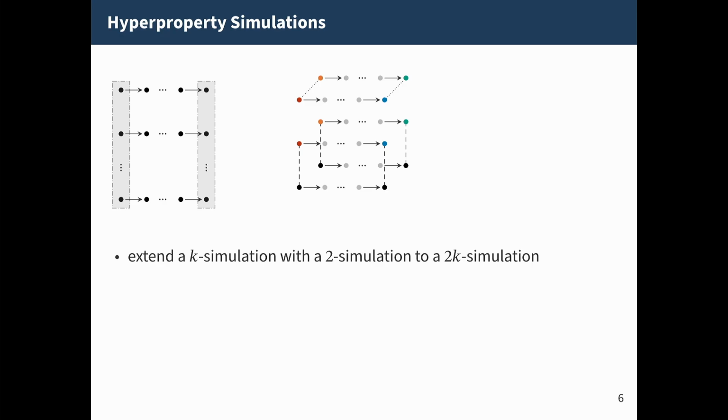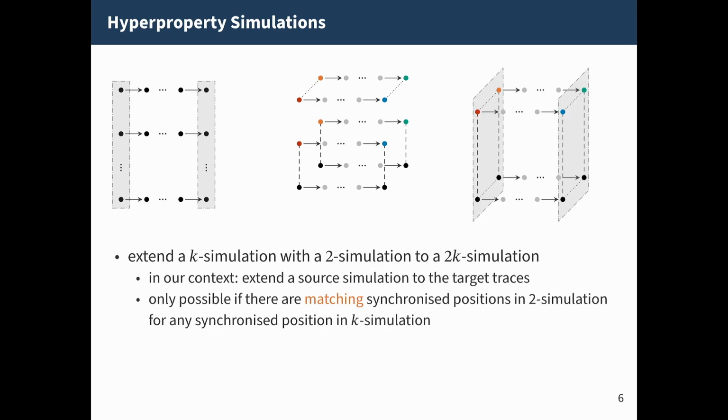Now the setup is the following. By our non-interference assumption in the source, we somehow have a simulation on the source traces, which is the part above. And also by having a correct compiler, we have some simulation between a source trace and a target trace, and we have that for both source traces that we are looking at. So we have this picture, and now we can combine it, which is essentially a fork simulation in the context of the case simulation that we have defined before.